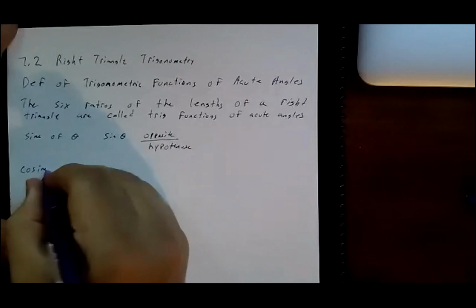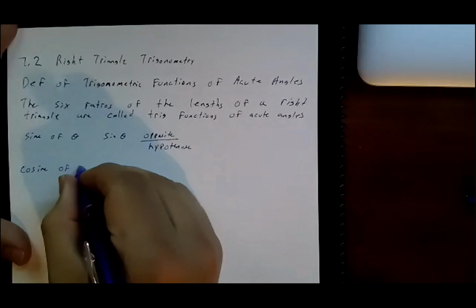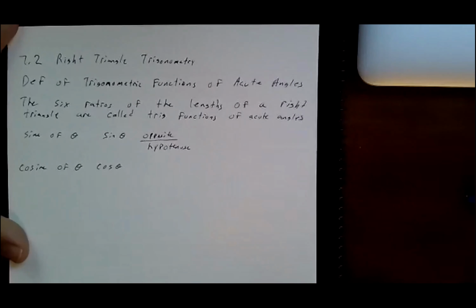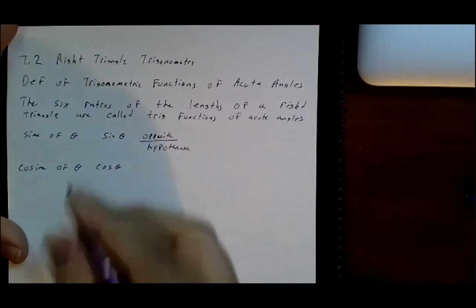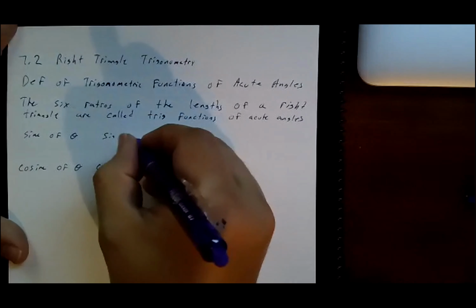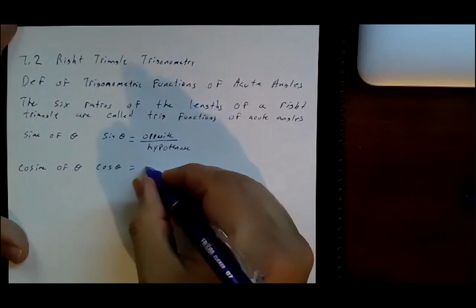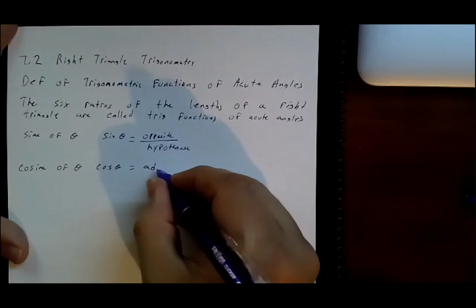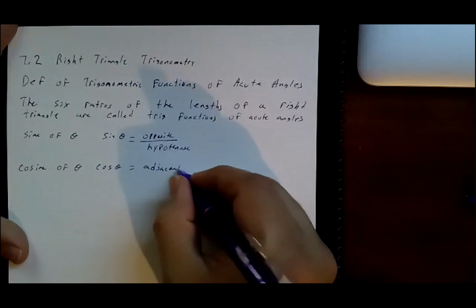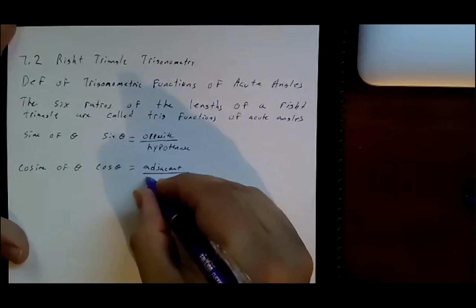Cosine of theta is written this way, cosine theta, which is equal to adjacent side over hypotenuse.